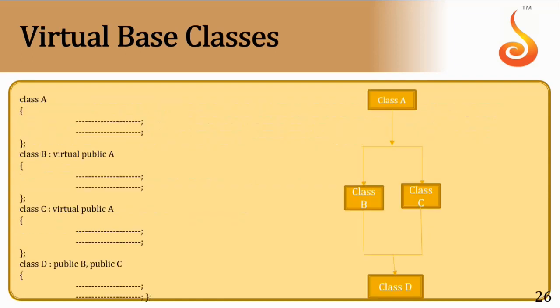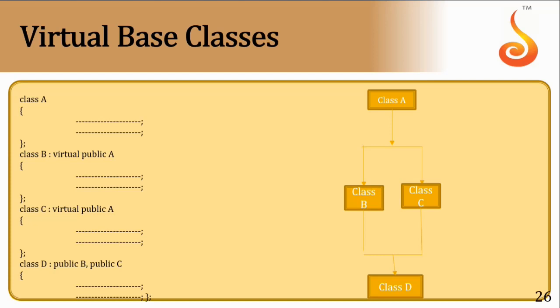That is, you have a class A, from there you derive a class B and you derive a class C. So these two are the derived classes of A. And then through multiple inheritance, I derive a class D. So the class D will have copies of A from B as well as from C. So it will have multiple copies of the same thing. That gives rise to ambiguity.